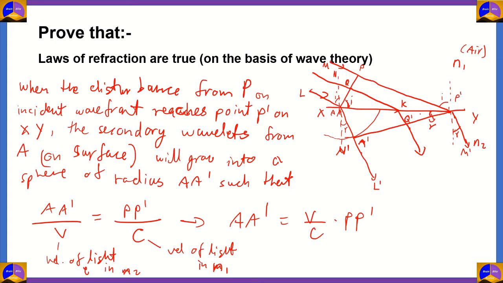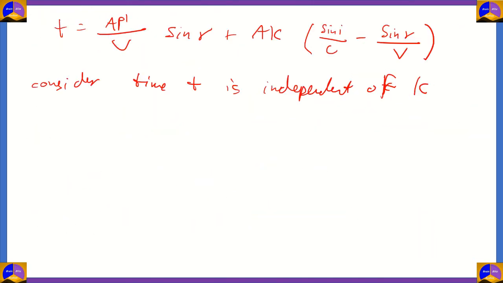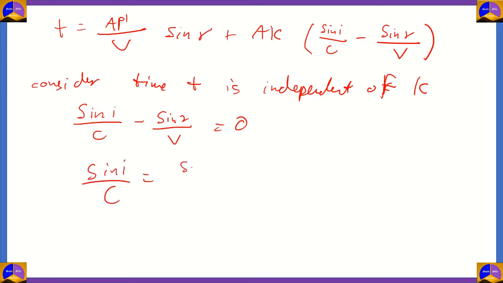So the point K on XY does not even matter. So therefore time is independent of K. So since time is independent of the point K, we can write sine I by c minus sine r by v equals 0. So sine I by c equals sine r by v.